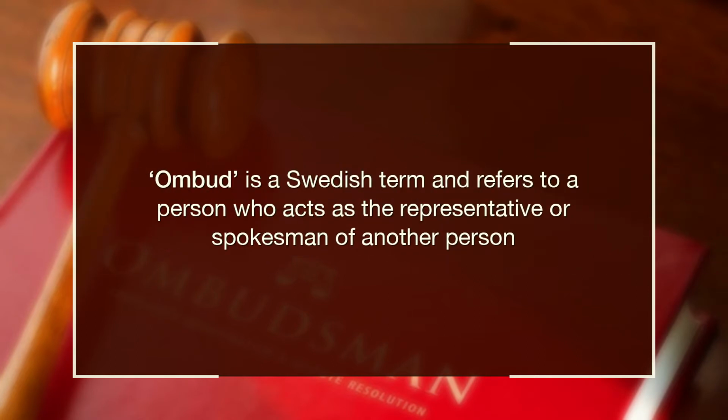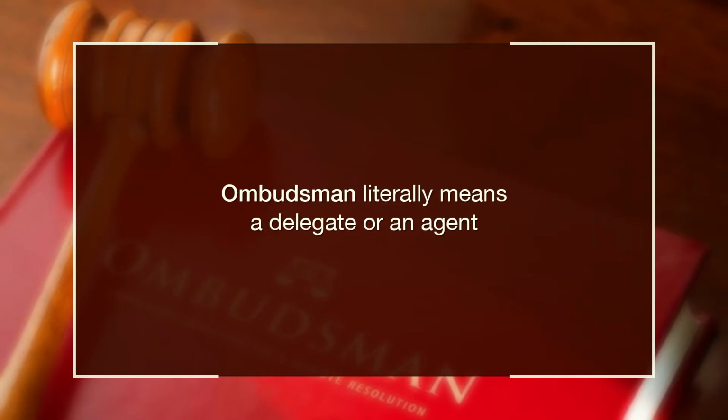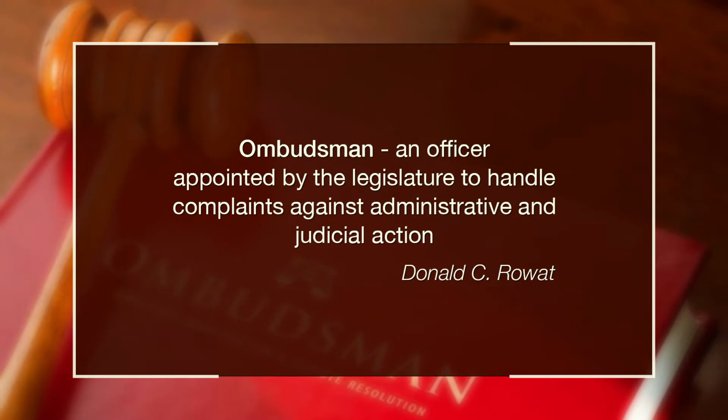Ombud is a Swedish term and refers to a person who acts as the representative or spokesman of another person. Ombudsman literally means a delegate or an agent. According to Donald C. Robert, Ombudsman refers to an officer appointed by the legislature to handle complaints against the administrative and judicial action.